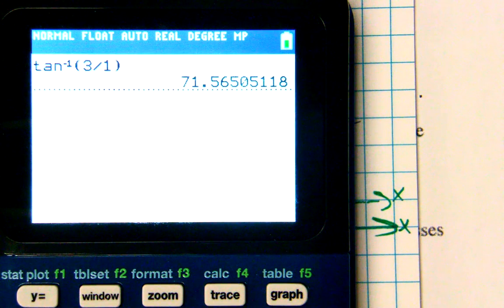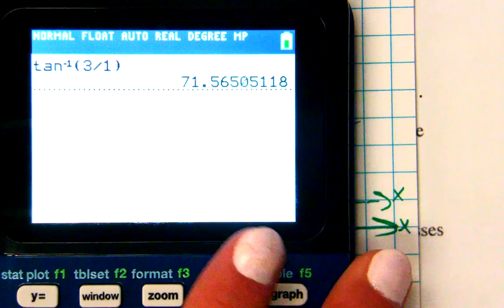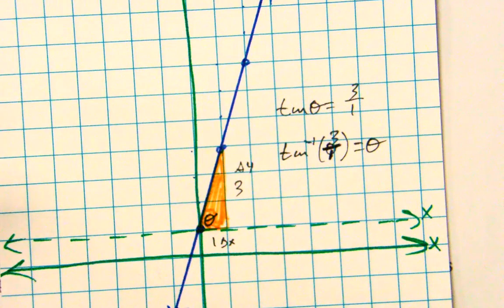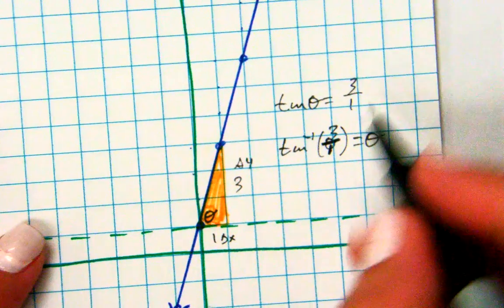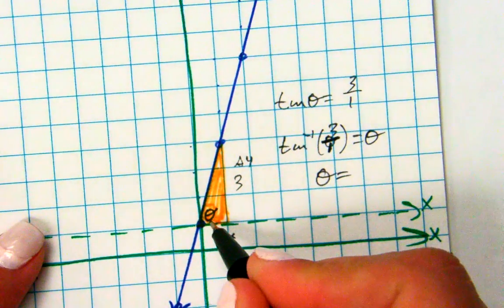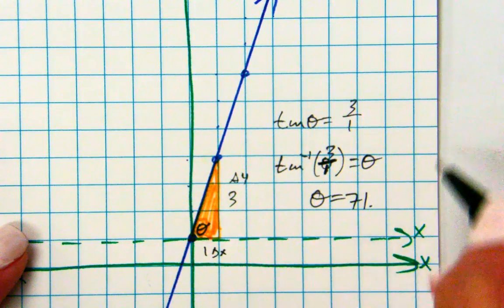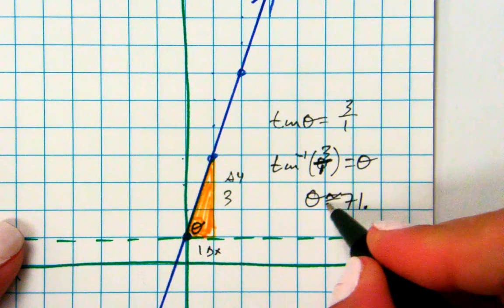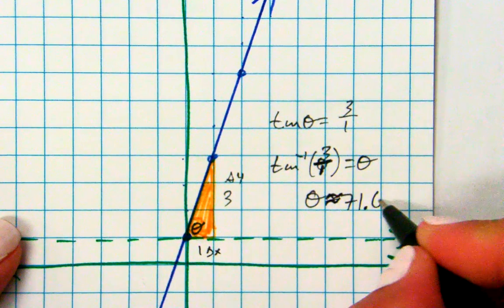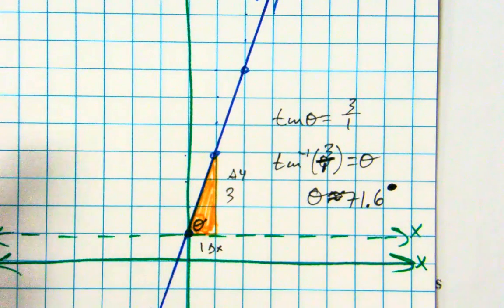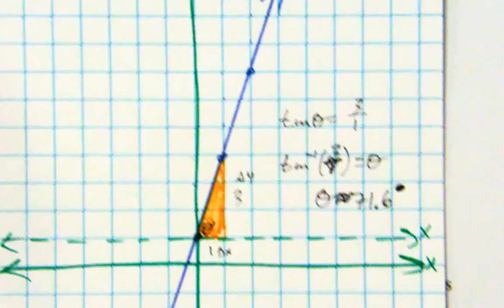So I'm going to round that to about 71.6 degrees. So theta, this angle in here, is going to be around 71.6 degrees. Okay, so that's the first part.